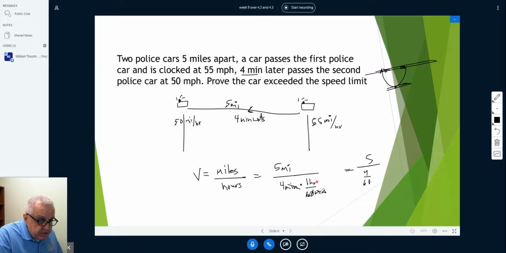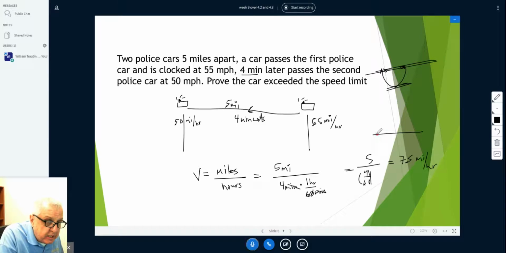And when you put this in your calculator, I would put this bottom in a parentheses, and you get 75 miles per hour.